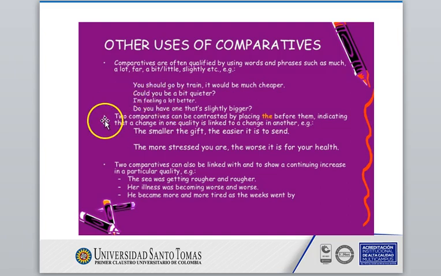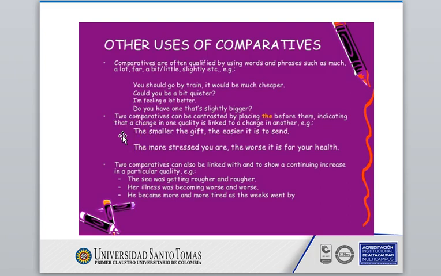Another use of comparative is particularly different from what you have seen so far, and is the fact of using the article "the" before the comparative. Like, the smaller, the easier. The smaller the gift, the easier it is to send. This may be a little confusing because you're using the article before a comparative form, right?